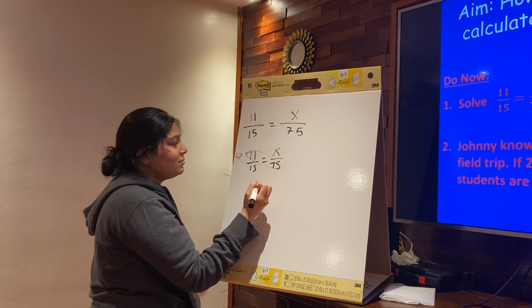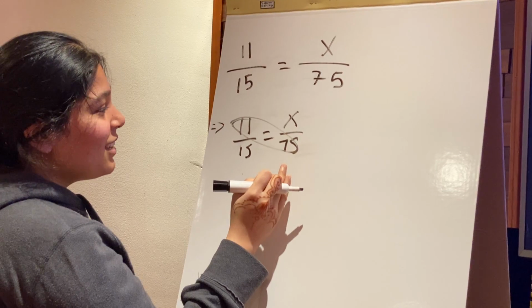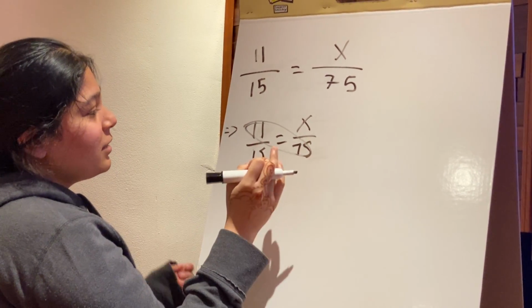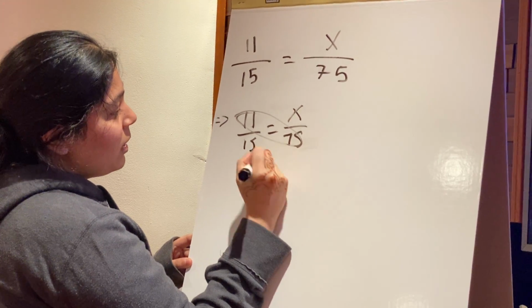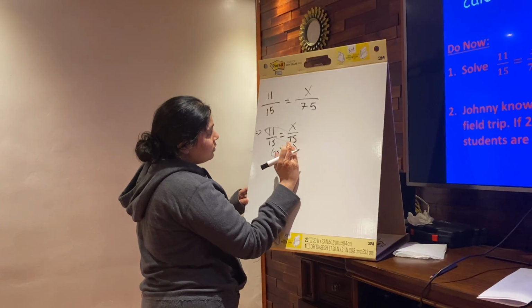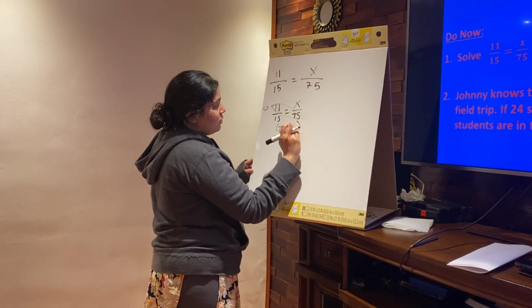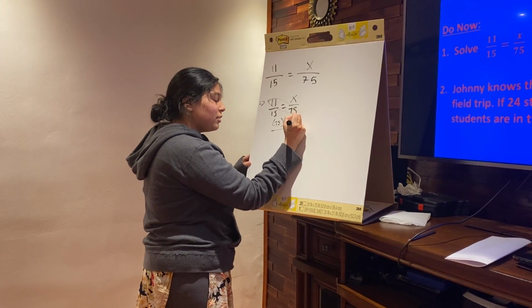I'm going to cross multiply and multiply 75 by 11, and then I'm going to divide that by 15. Okay, so what is that called? Isolating the variable. Very good.